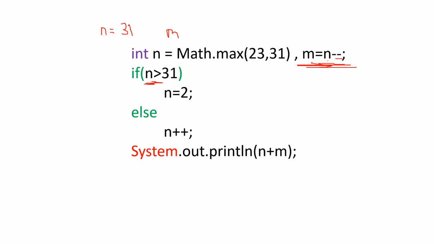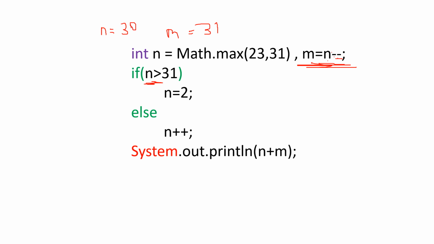So here n minus minus will make m equal to 31. The value will not decrease until the entire line is executed. And since the line is already executed, m will take the value of 31. And after that, the value of n will now turn into 30.